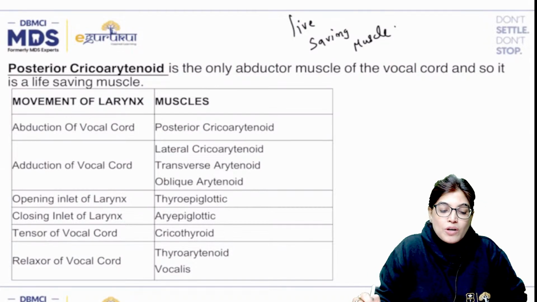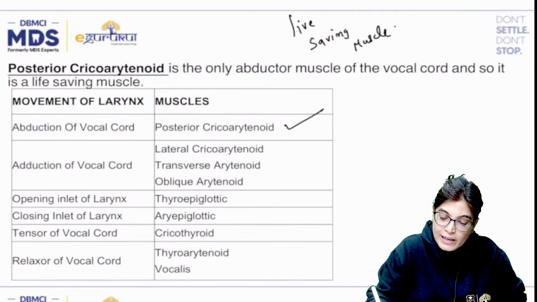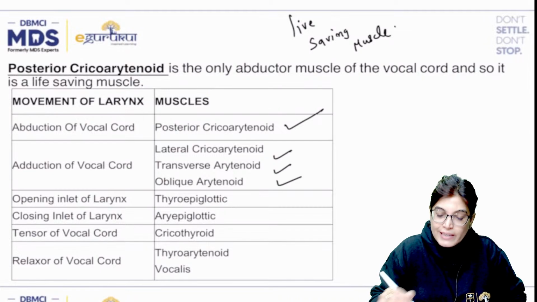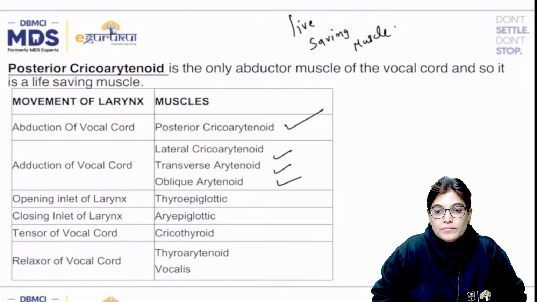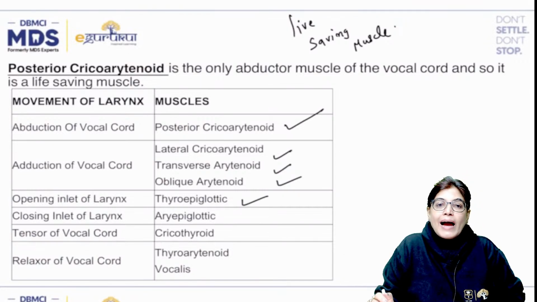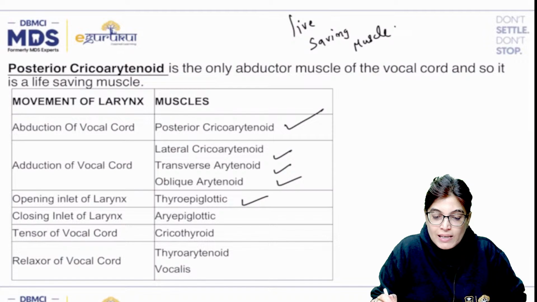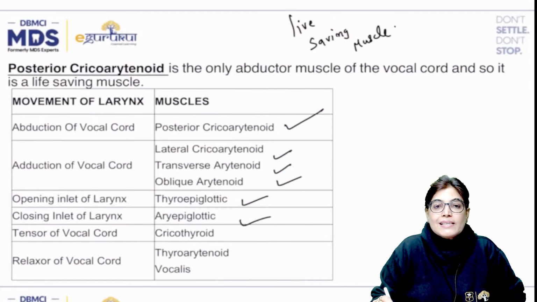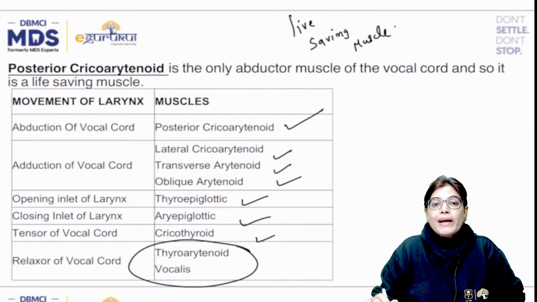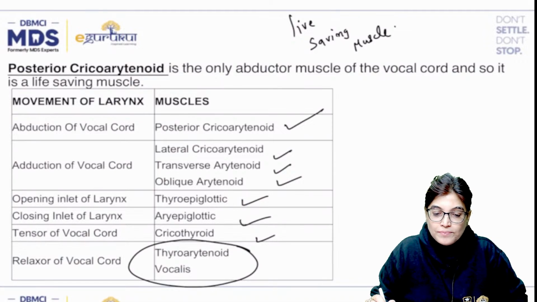Adduction of the vocal cord is done by the following muscles: lateral cricoarytenoid, transverse arytenoid, and oblique arytenoid. Opening of the larynx is the activity of the thyroepiglotticus muscle. Closing of the larynx is done by the aryepiglotticus muscle. The tensor of the vocal cord is the cricothyroid muscle. Relaxation of the vocal cord is done by thyroarytenoid and vocalis muscle.